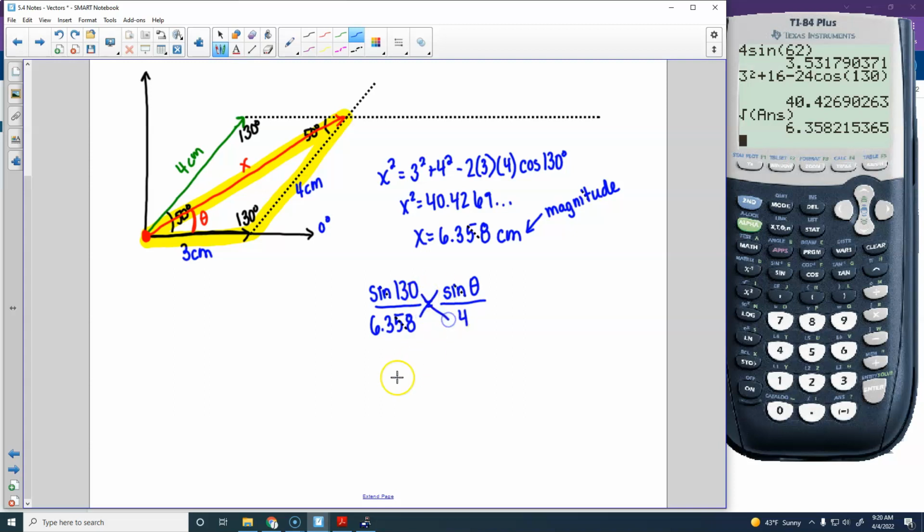We will cross multiply, so 6.358 sine theta equals 4 sine 130. We will divide by 6.358.